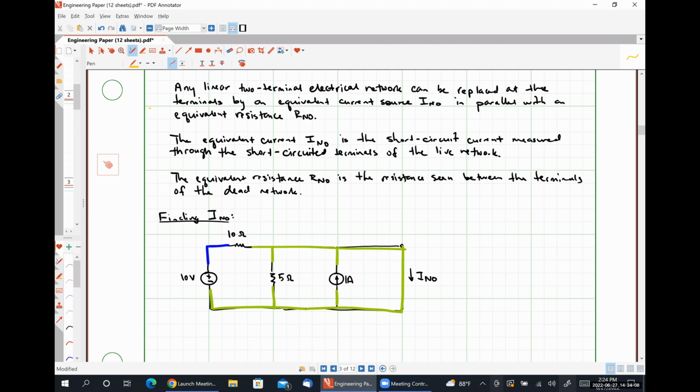Okay. But what we're going to look at here, so there's a current of 1 amp that's leaving this 1 amp source. It's going to hit this green node and then it makes a decision. It could flow to the left and then flow down through the 5 ohm resistor.